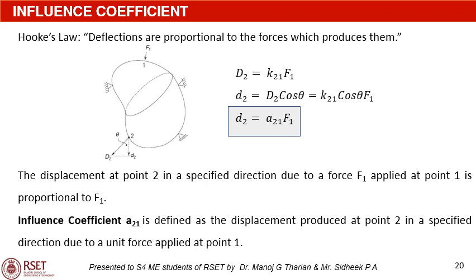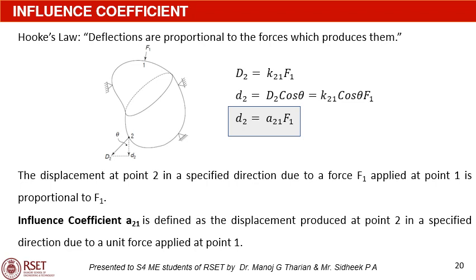Let capital D2 be the actual deflection at point 2. Then we have capital D2 equal to K21 into F1, where K21 is a proportionality constant. Let small letter d2 be the component of capital D2 in a specified direction. Here in this particular case, the specified direction is vertical.